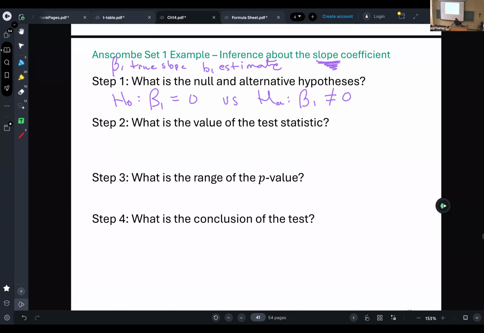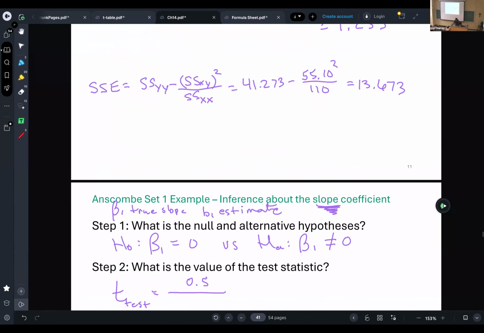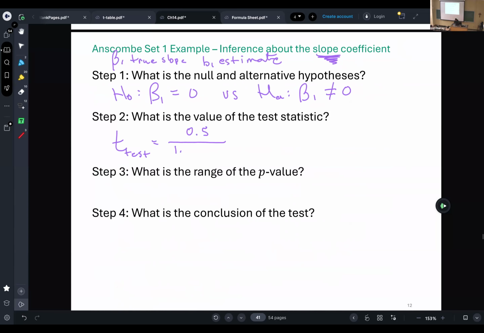So what is the value of the test statistic? You can just do a subscript test. And that's going to be our slope value, which was 0.5, right? And then we had our 1.233. Let's put this so that you can see what I'm doing here. So I'm putting in b1 divided by SE divided by the square root of SSxx. These are new to you. I've been saying all along, write down the formula, write down the formula.